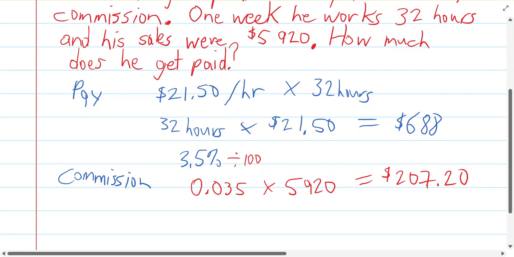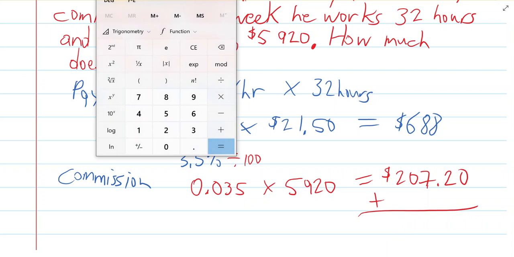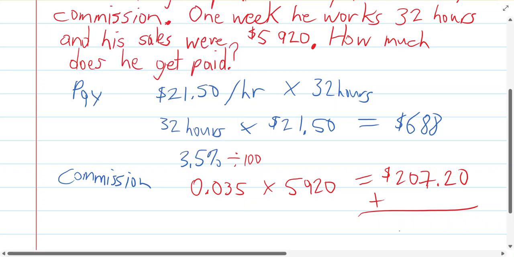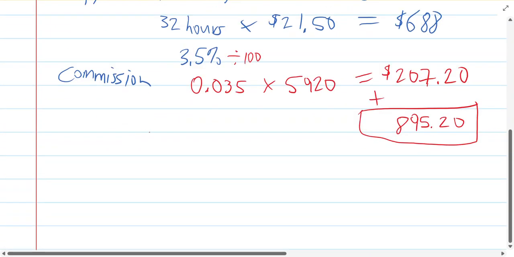So to get the grand total of the pay, what do you do? Well, we just add up these two numbers. Okay, so this one's already in my calculator, and then I'll add $688, and I get $895.20. So that's Jack's total pay when you have your salary plus your commission.